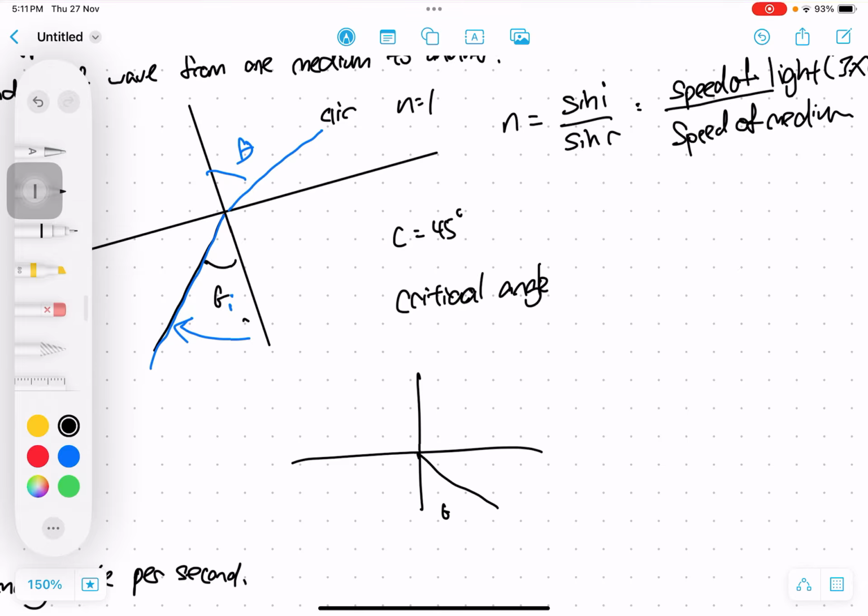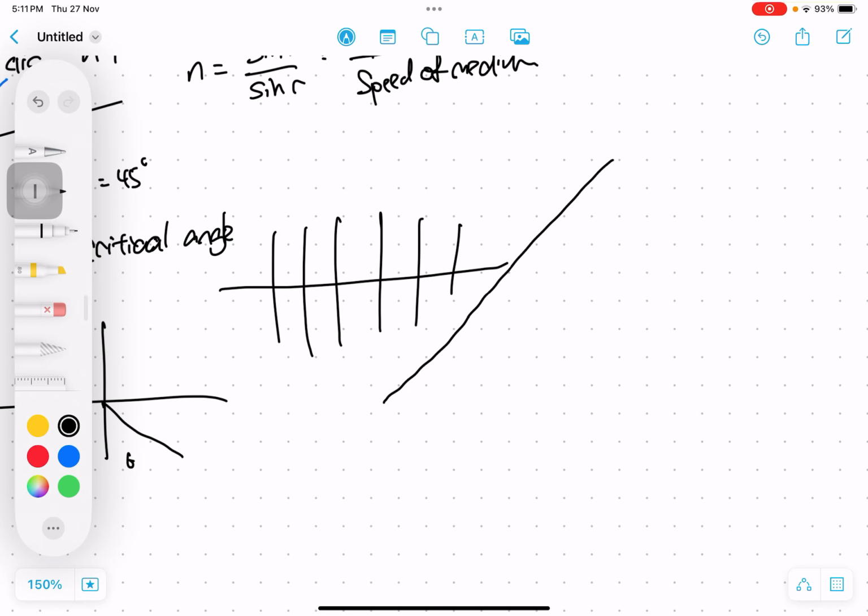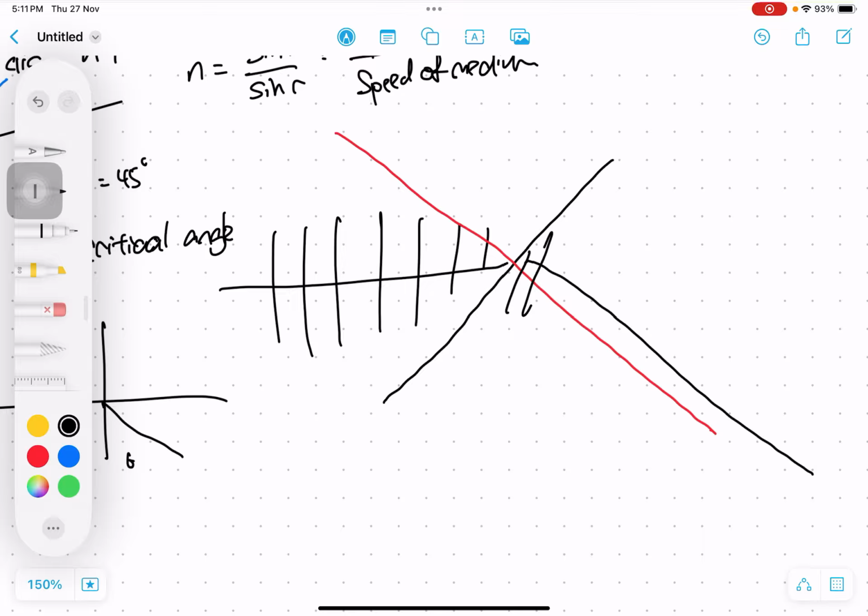Not only do we have this, we also have deep water and shallow water. In deep water, the wave can travel more freely because there's nothing blocking. When it goes into the shallow, you need to draw a normal line, and the wave bends towards the normal, so you can have an angle like this.